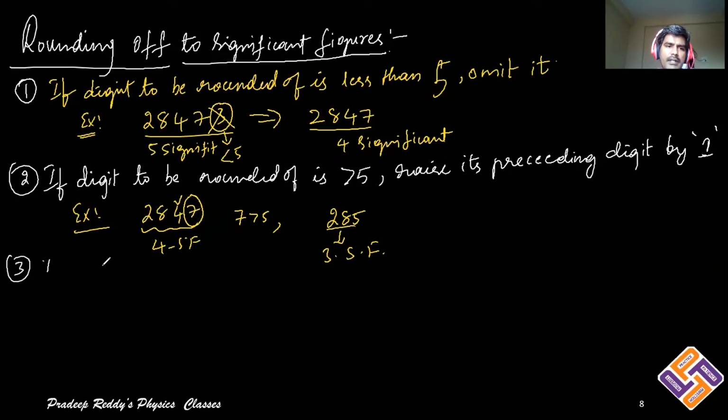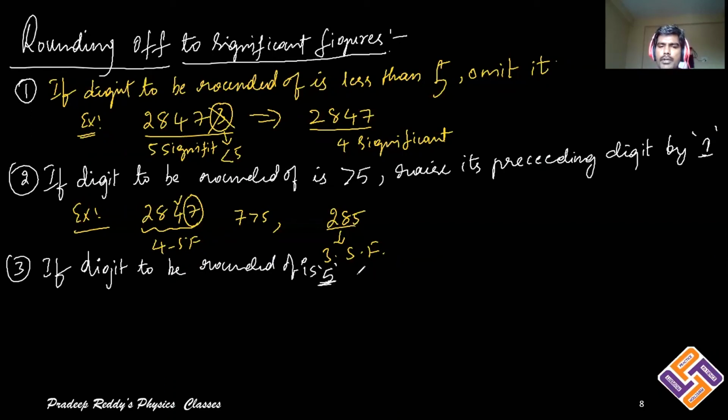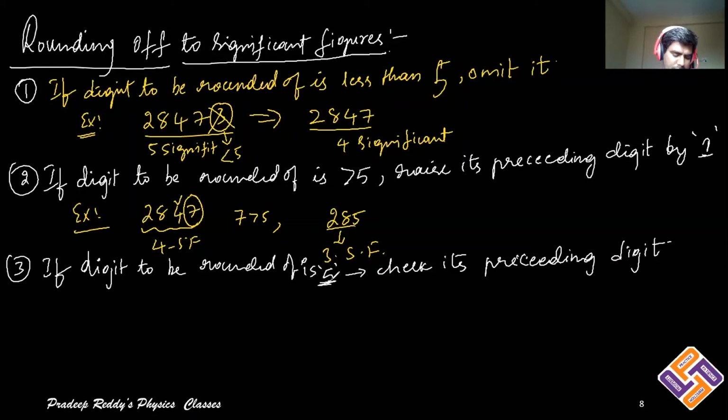If the digit to be rounded off is 5, what do you need to do? Check its preceding digit. If the last digit which you are about to round off is 5, then check its preceding digit.